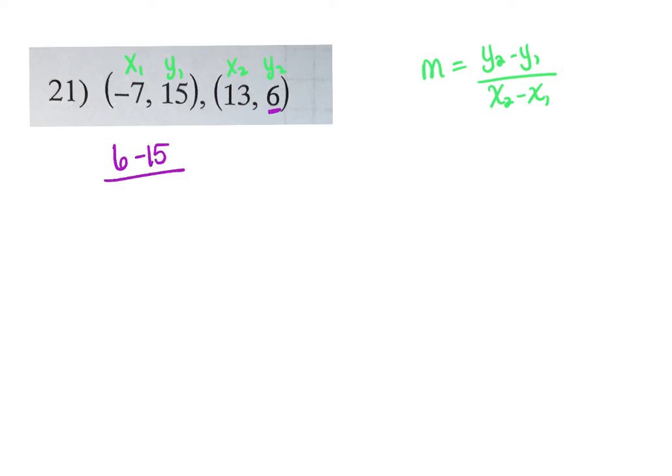If this is your y2 and that's your y1, this has to go first again. 13 minus negative 7. So 6 minus 15 gives me negative 9 over 13 minus negative 7, which is 20. If I could reduce that, I would. Never do a mixed number. Leave it as a fraction. If you can reduce it, reduce it. If you can't, that is your answer.